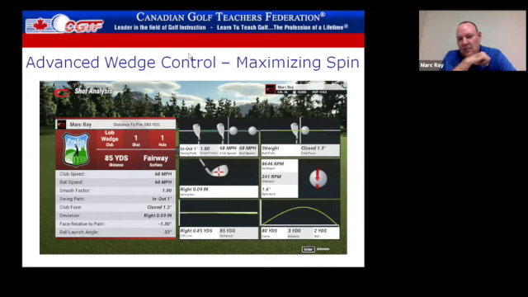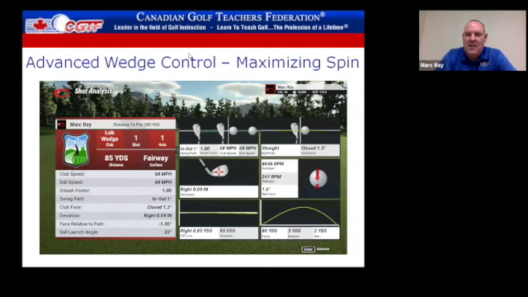Okay, so that sounds pretty good, but you'll see the club head speed 68 miles an hour, and it says the ball speed 68 miles an hour. So this was me in what I would say a fairly neutral setup.